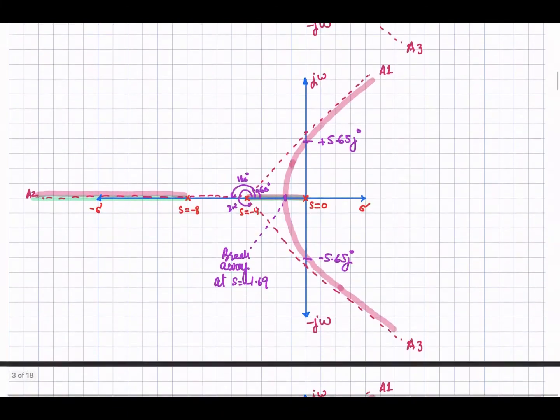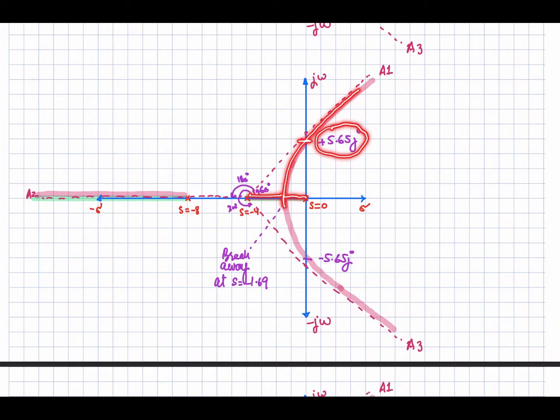So here you can see, when this pole moves towards infinity, it will cross the j omega axis at this point, 5.65j. And this pole, when it breaks away from the real axis, will move along this asymptote towards the zero sitting at infinity, and it will cross the j omega axis at minus 5.65j.